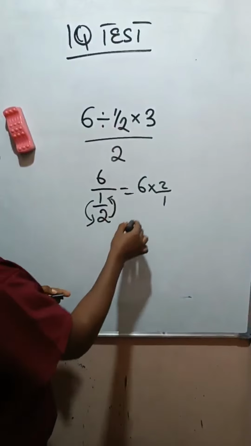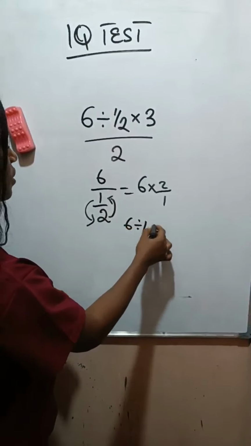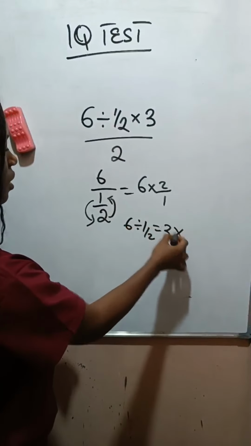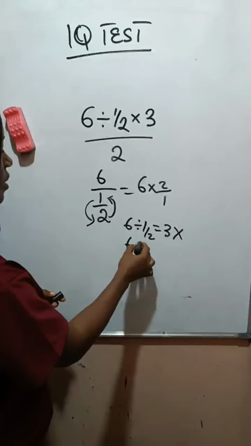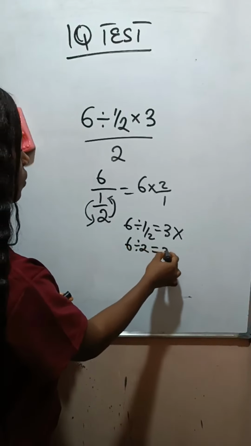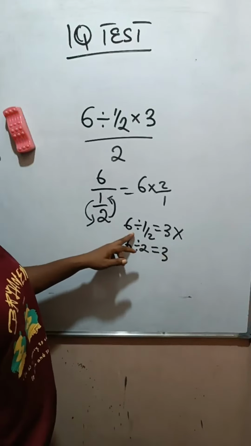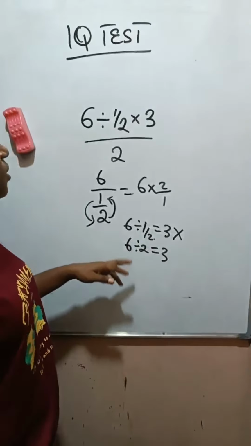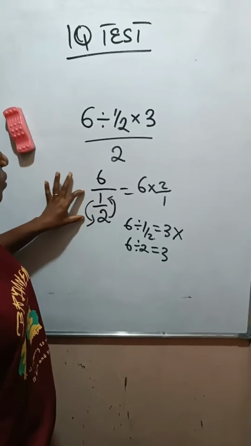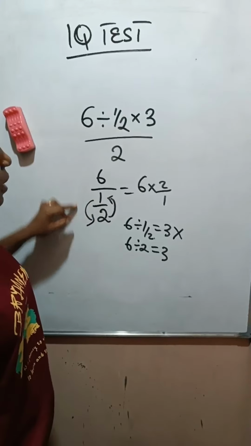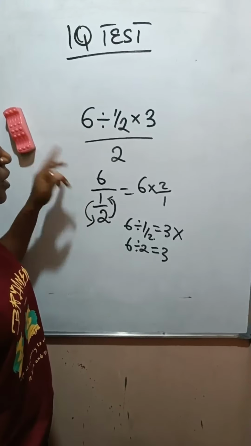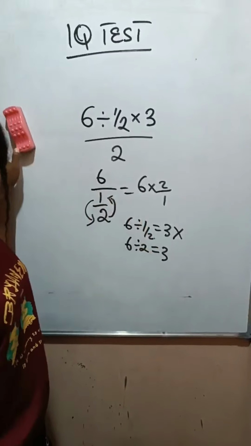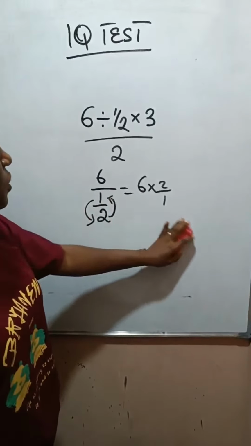Some of you will say 6 divided by half is equal to 3, but this is wrong because 6 divided by 2 will give you 3. So there's no way 6 divided by half will also give you 3. So when you do your division with a fraction, it's actually multiplying that number by the inverse of the fraction.